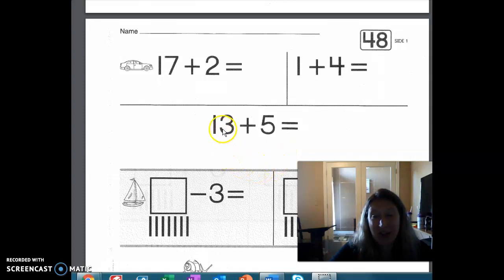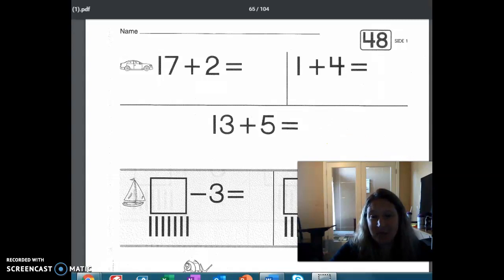What number? 13. Get 13 going and count the lines. 13, 14, 15, 16, 17, 18. How many altogether? 18. Make 18 as your answer. 1, 8. So 13 plus 5 equals 18.